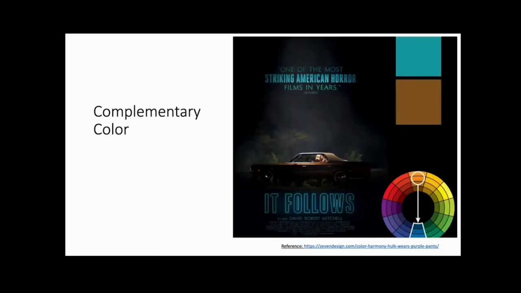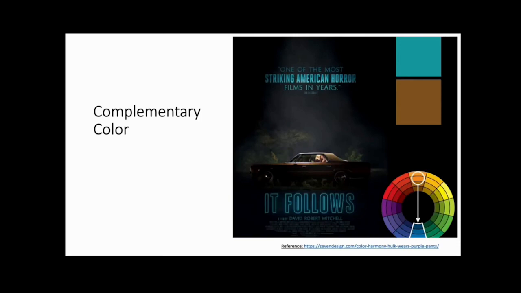Now, there are times that complementary colors can work really well, and this is one of those times. If you notice, this is a great movie poster. Our complementary colors are that blue color and the brown color. But what makes it work really well is that it is broken up by the dark black color.